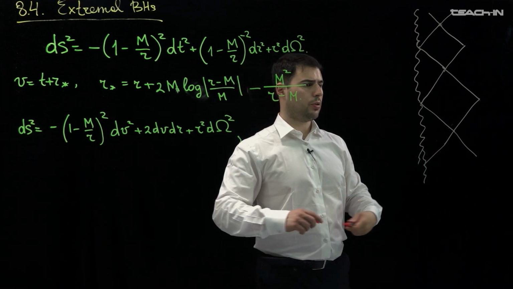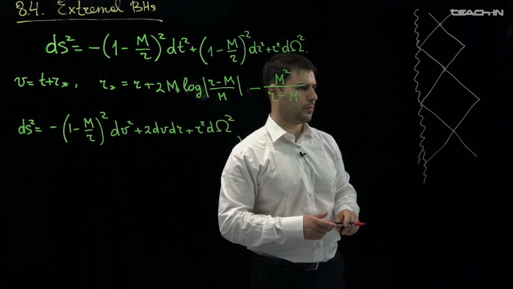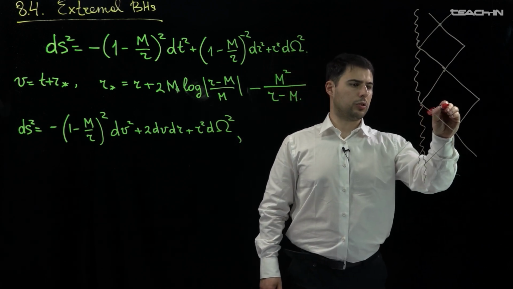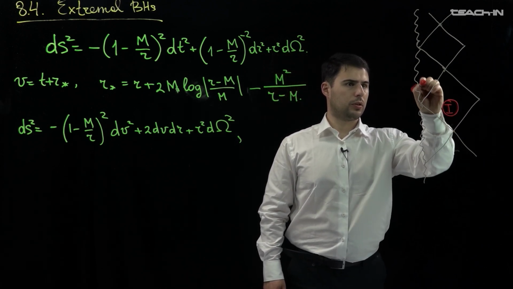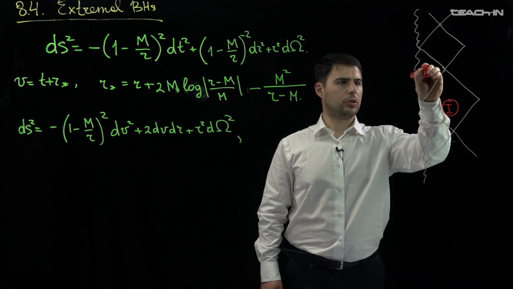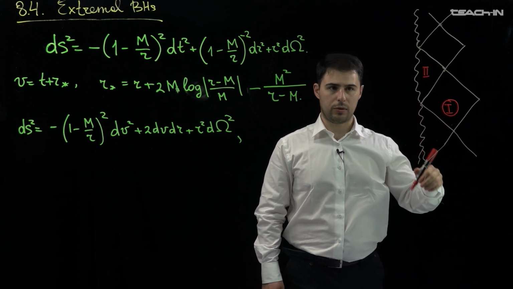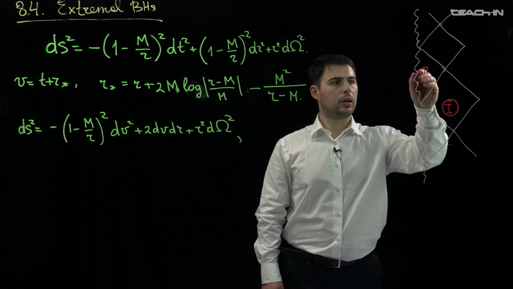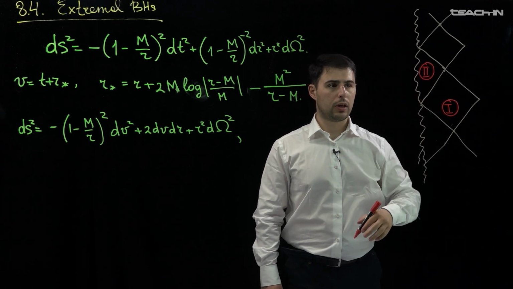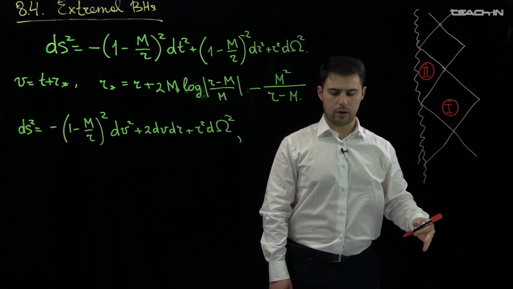So essentially we have only two regions here: region 1, which is the exterior, and region 2, which is the interior. And it also contains a timelike singularity.